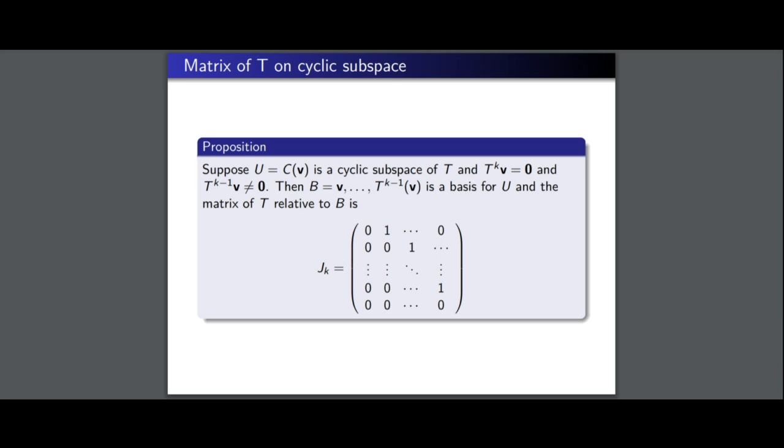So, it doesn't take too long to prove this, so let's try it. Consider c0 times v plus c1 times t of v, and so on, plus c(k-1) times t to the k minus 1 of v, equals 0. We want to show that v, t of v, t squared of v, and so on are linearly independent. That means we need to look at this equation and show that all the c's are 0.